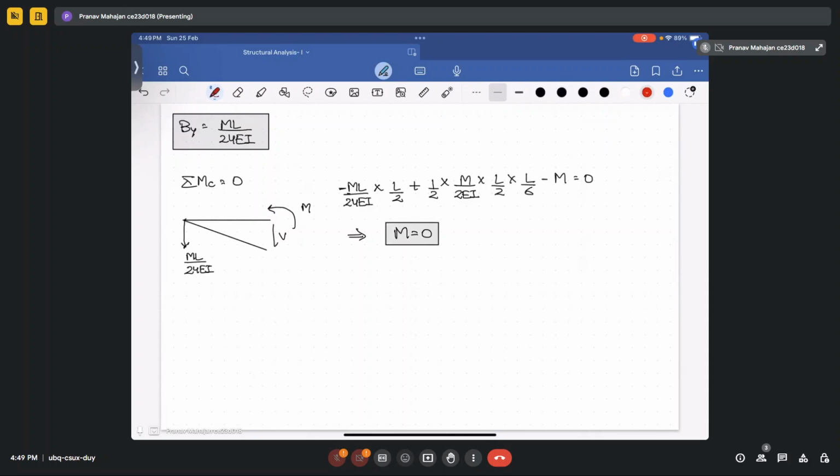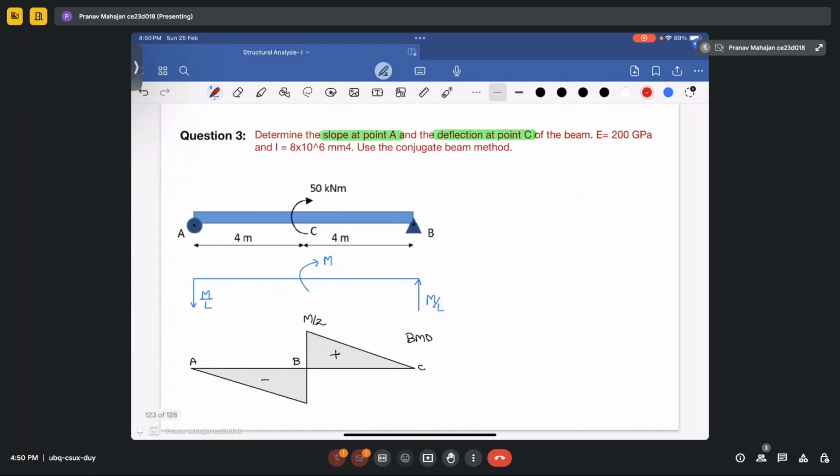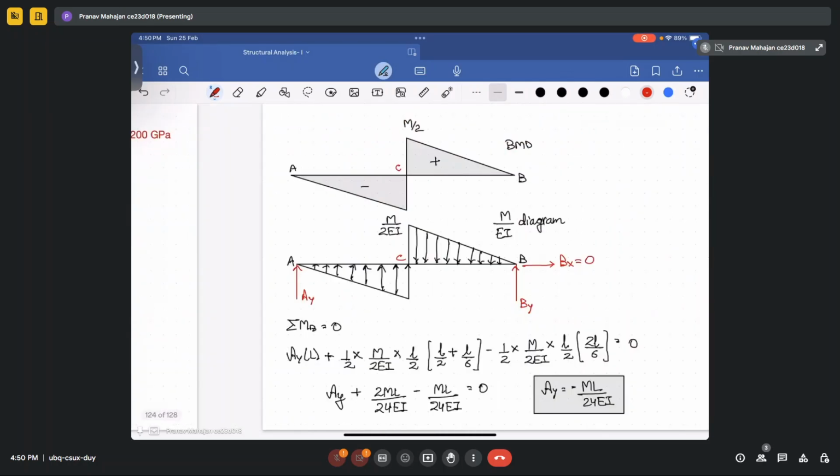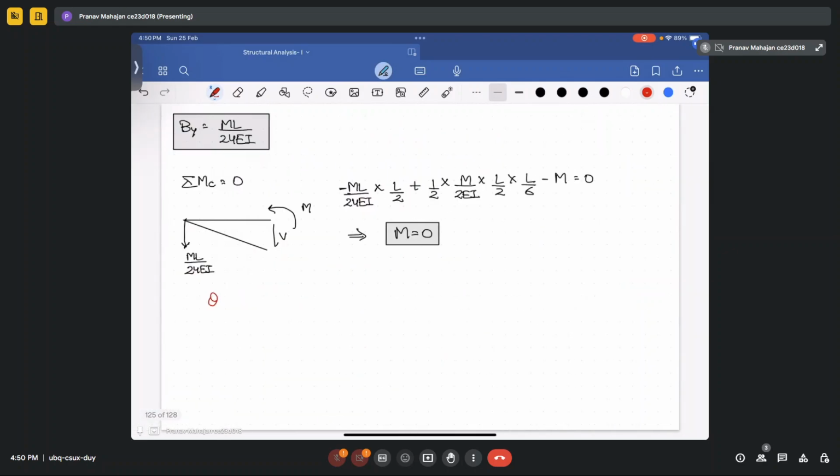So now what can you conclude? From this, you can conclude that we have to calculate the slope at point A. So your slope at point A, theta A, will be equal to the shear at point A for the conjugate beam, and it is equal to ML upon 24 EI.